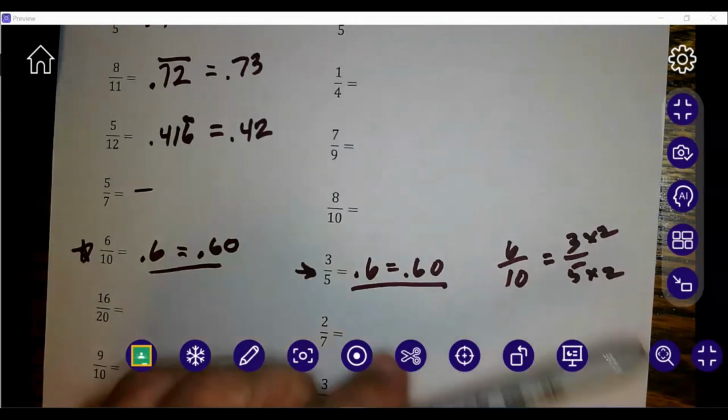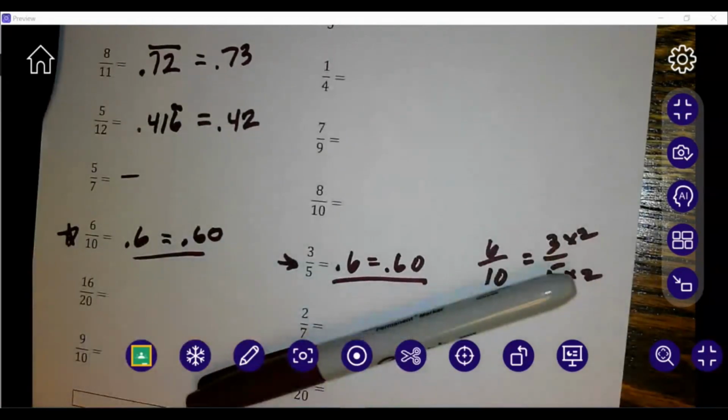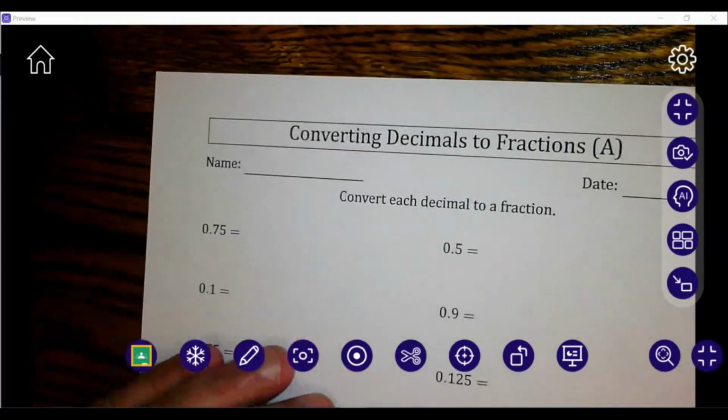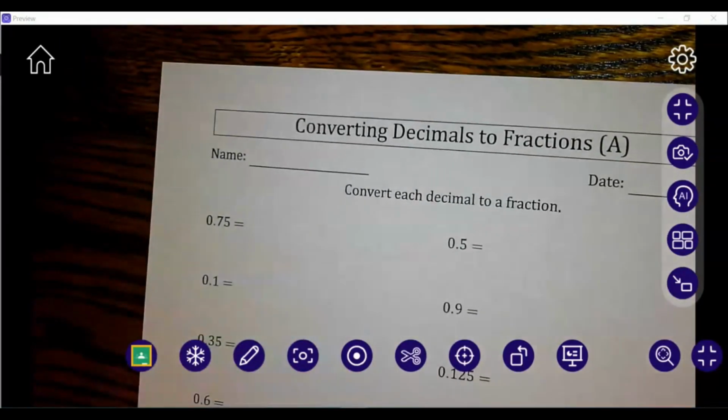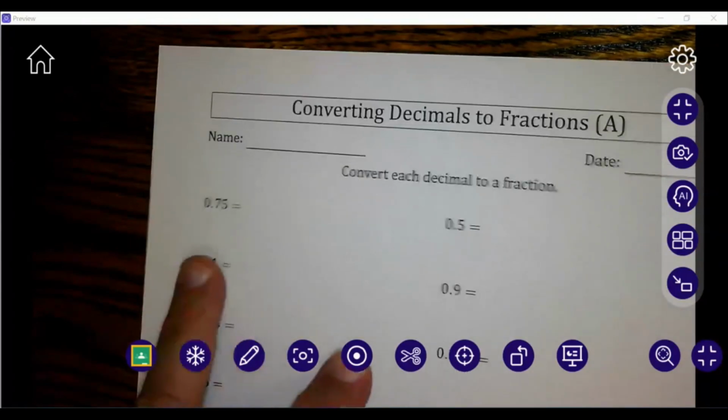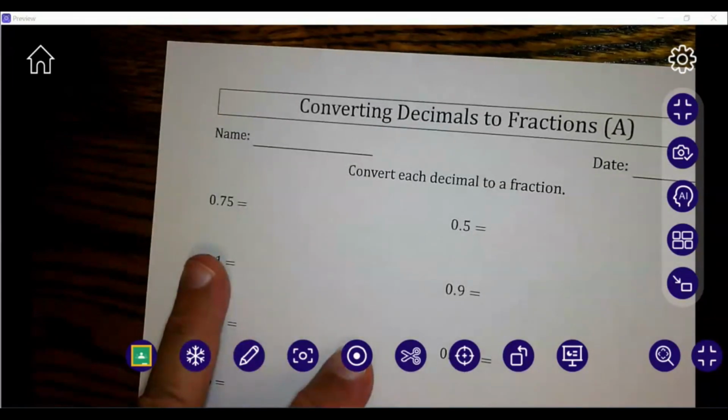Okay, now we're going to switch and we're going to do the other way around. In this case, we are going the opposite direction, and we are going to change the decimal into a fraction.